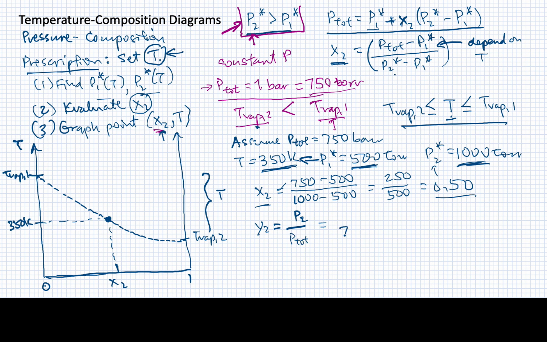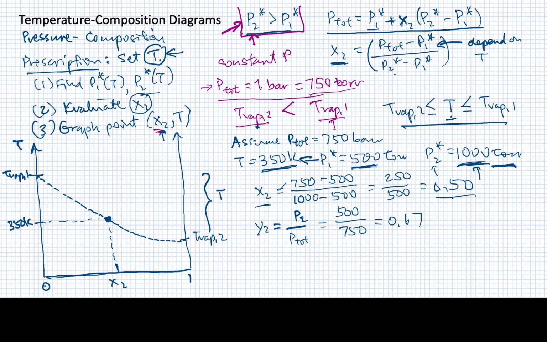Total pressure, I know, that's 750. The pressure for component 2 is going to be the mole fraction times its pure substance vapor pressure. So 0.5 times 1,000, so that'll be 500. So this is actually equal to 2/3, so I'll just write that as 0.67.